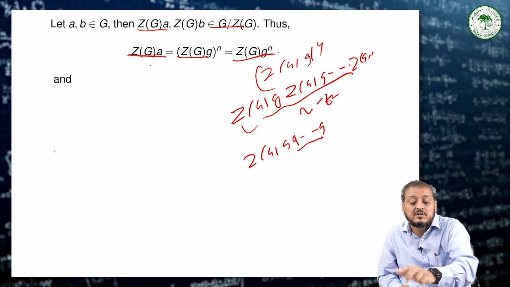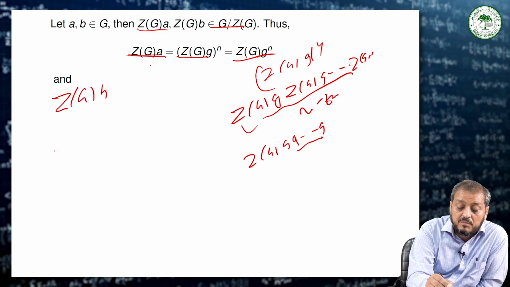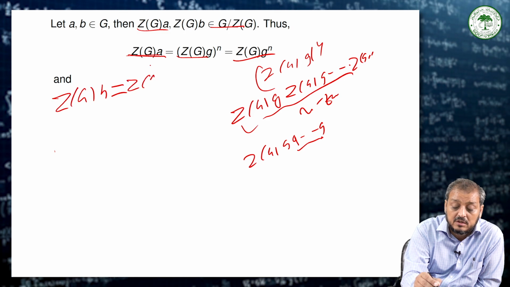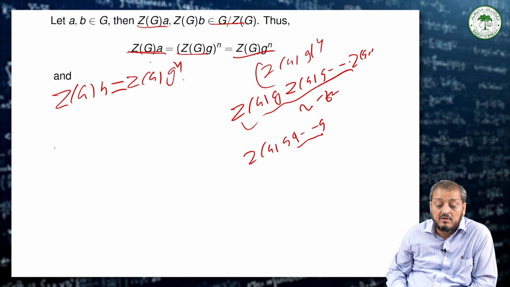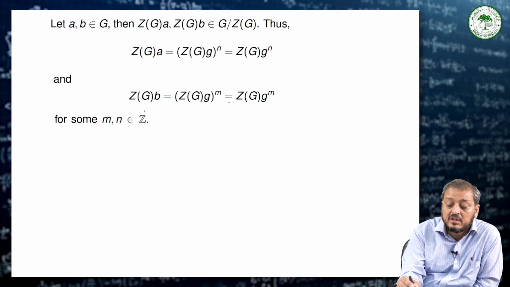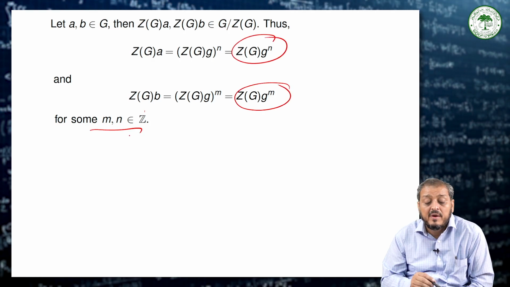Then similarly we can write Z(G)b in the form (Z(G)g)^m, for some integers m and n.